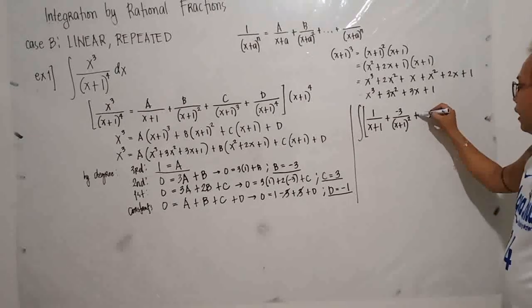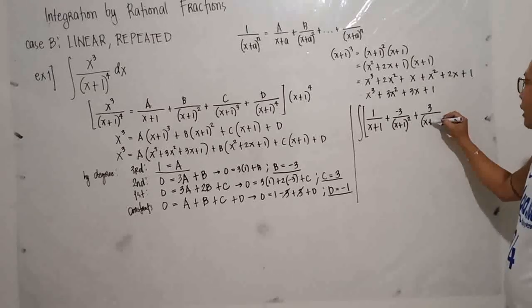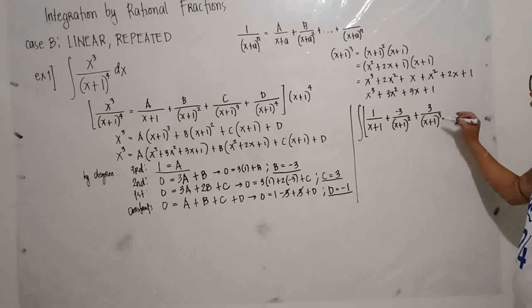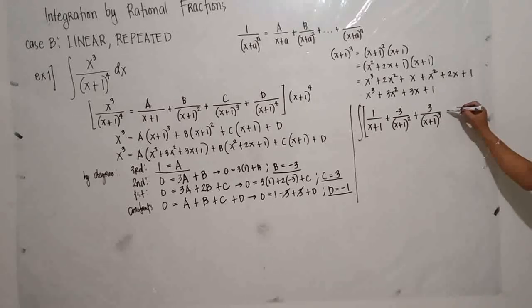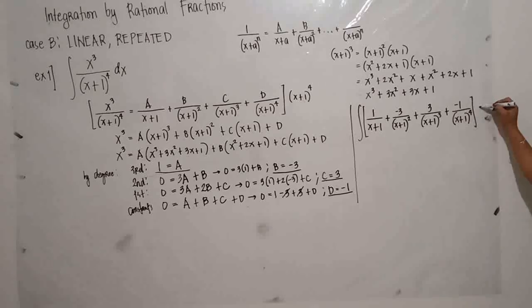Then for the c, that is 3. So that's 3 over x plus 1 cubed. Then for the last part, that is plus negative 1 over x plus 1 raised to 4 multiplied to dx.